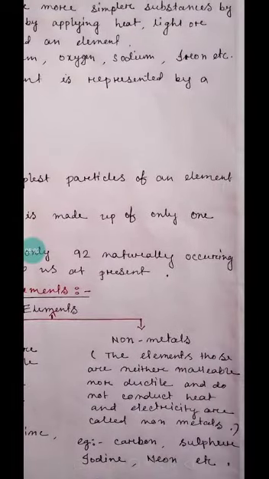Non-metals. Definition of non-metals: the elements that are neither malleable nor ductile and do not conduct heat and electricity are called non-metals. For example, carbon, sulfur, iodine, neon, etc. These are some non-metals.